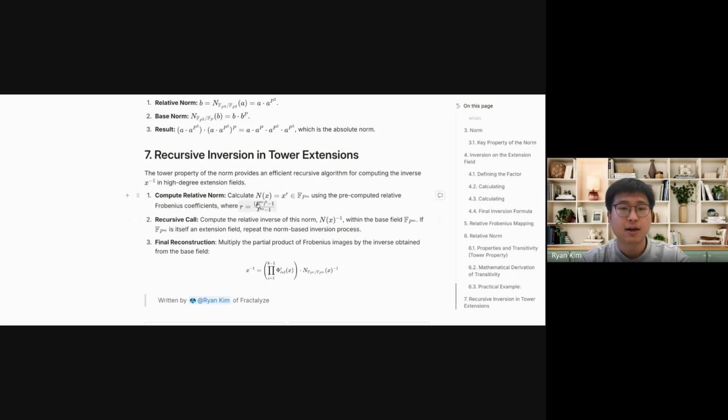So R is computed the same, and the other expressions also maintain the same. The only difference is how you compute the norm in that part.